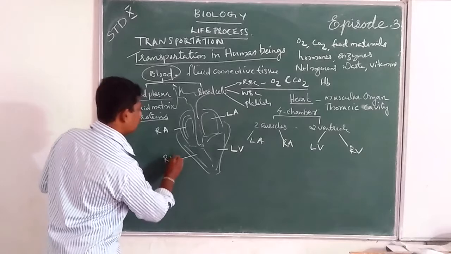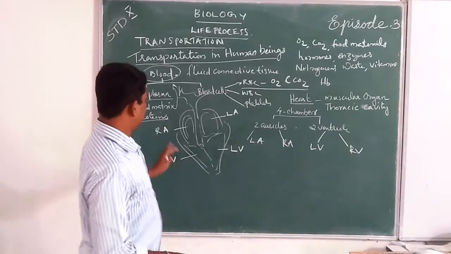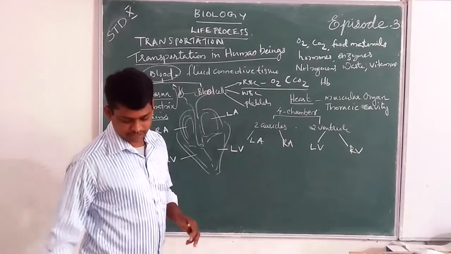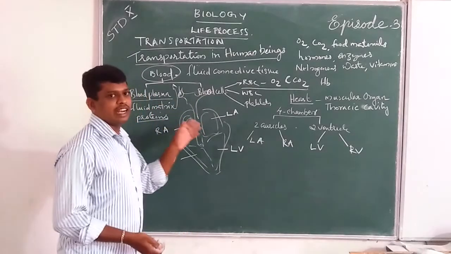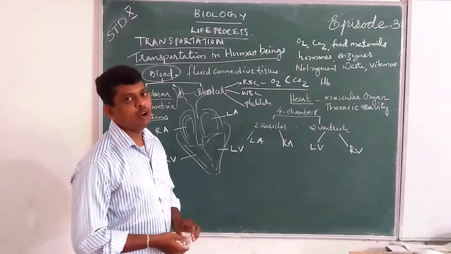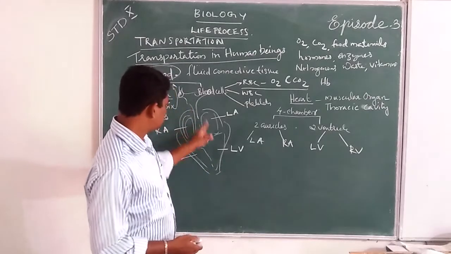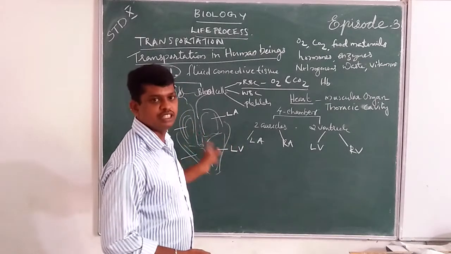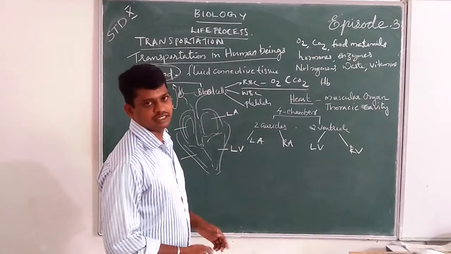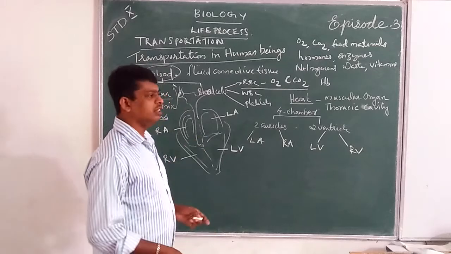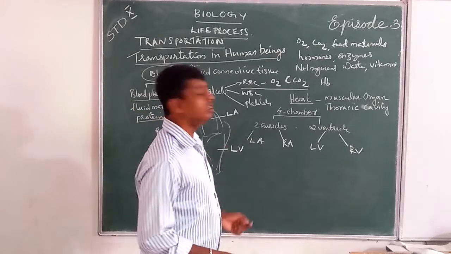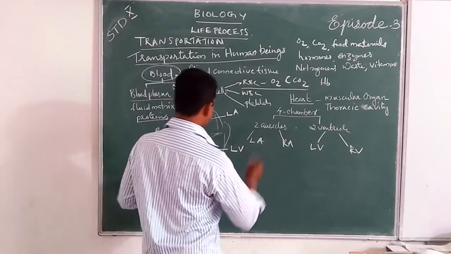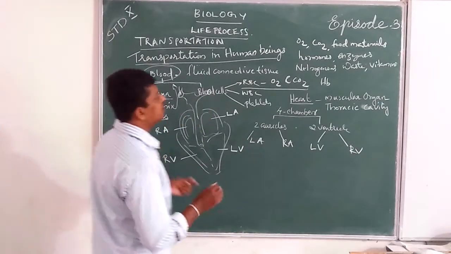This is the right ventricle. Here, oxygenated blood and deoxygenated blood travel twice through the heart. So the heart has a system of double circulation.